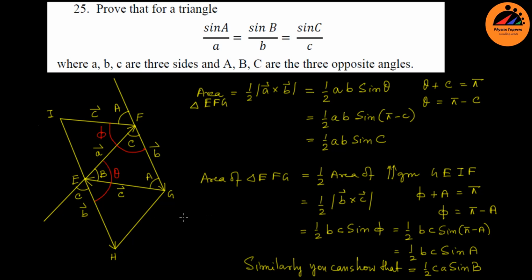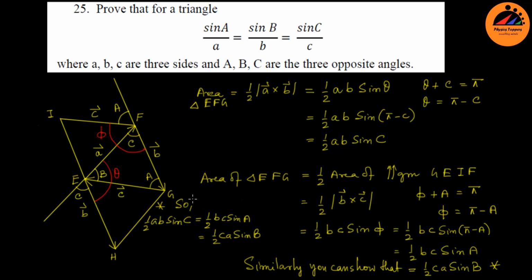I'm running out of space, so please pardon me for that. So I am taking it here. Half AB sine C is equal to half BC sine A is equal to half CA sine B.